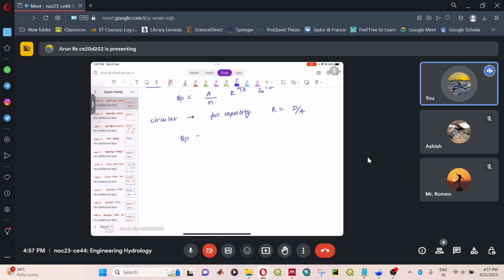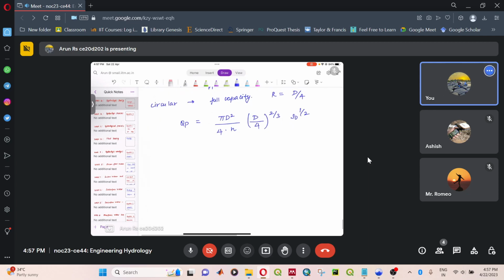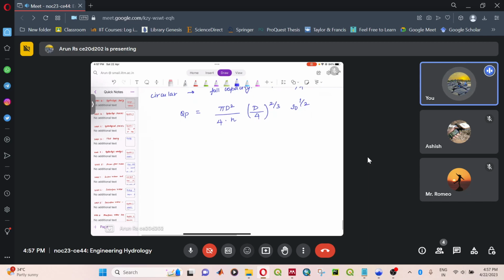So we can find out pi D square by 4 into Manning's n, and this is another D by 4 to the power of 2 by 3 and S naught power half. Now we can substitute all the known values. Only unknown value is the diameter of the drain.